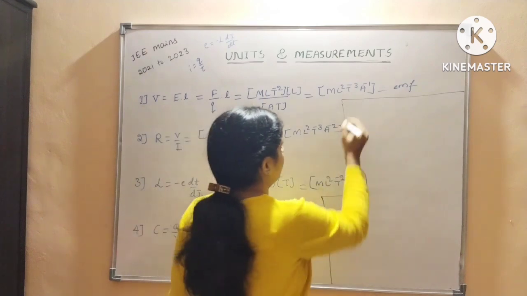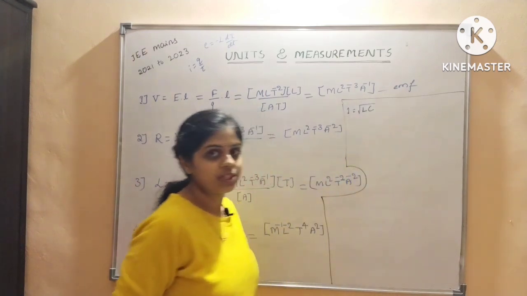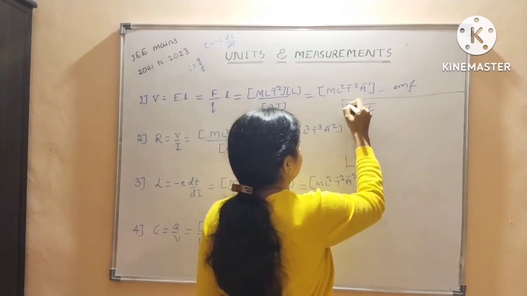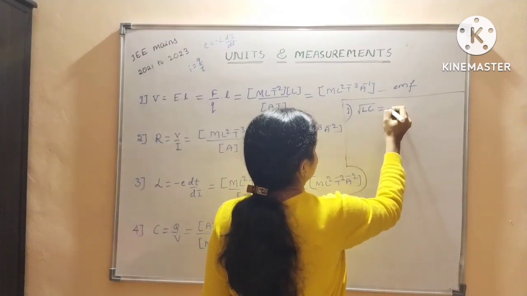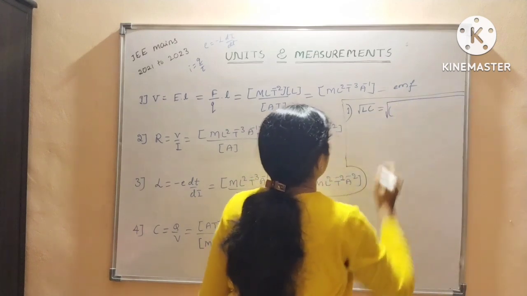First option is given as root of L into C. Check for first option, which is equal to root of dimensions of L and C. What is it?